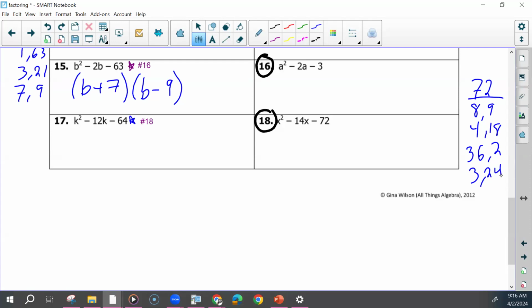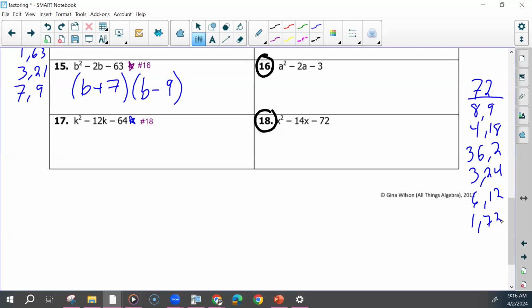Does 4 work? Oh, we already have that. Does 6 work? 12. 6 and 12. 5 wouldn't work. 6 and then 7 wouldn't work. And then of course 1 and 72.